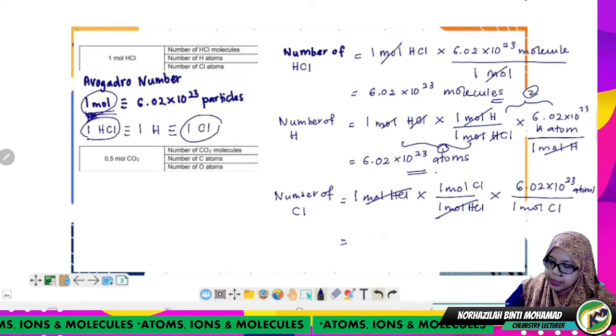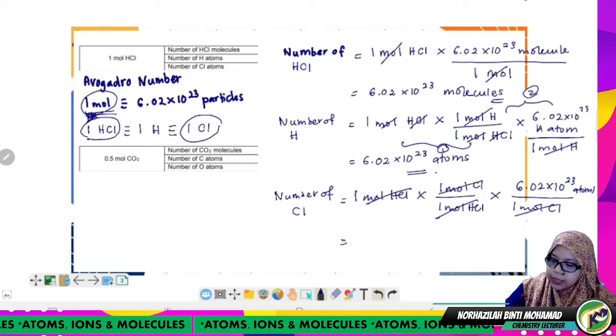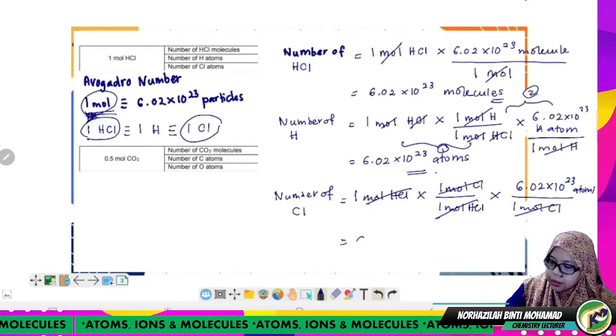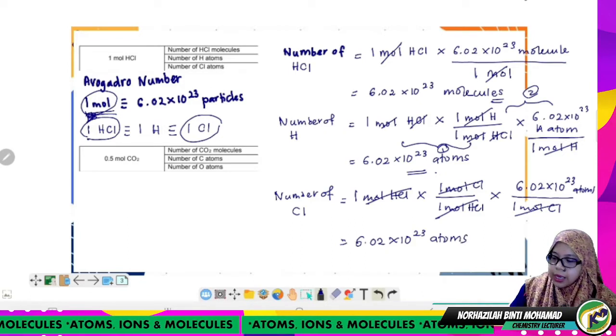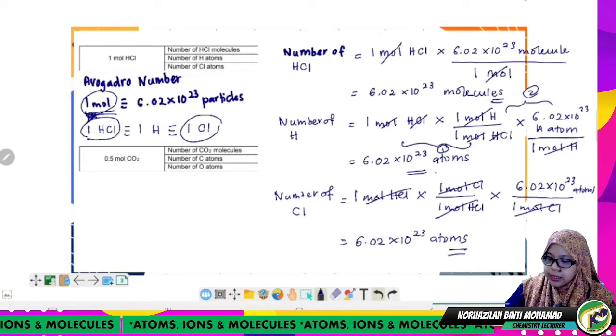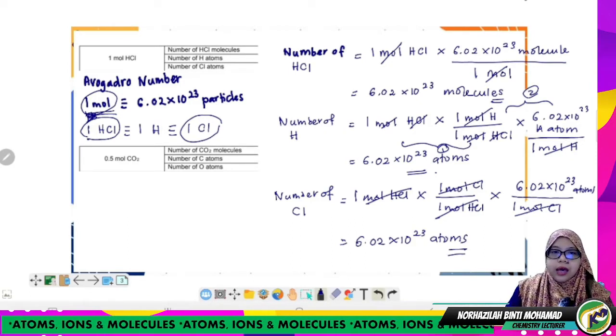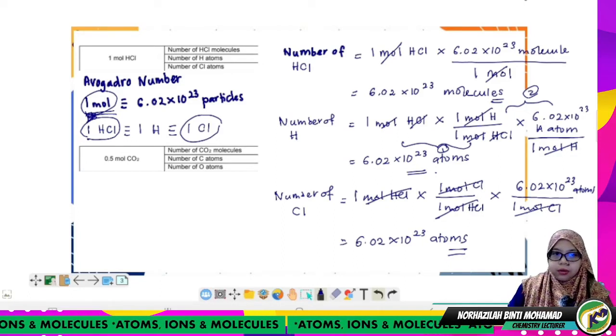We can cancel 1 mole of chlorine, so the answer is 6.02 exponent 23 atoms. That is the number of HCl, number of hydrogen, and number of chlorine.